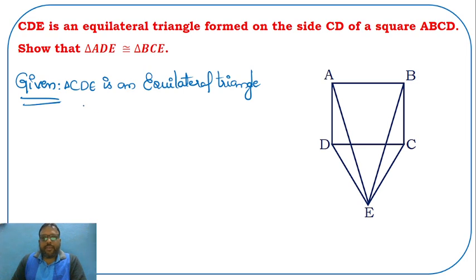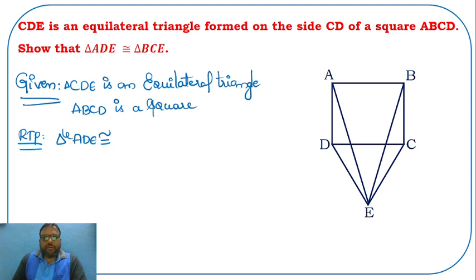It is given that ABCD is a square. So what I have to prove? I have to show that triangle ADE is congruent to triangle BCE. This is what we have to prove.